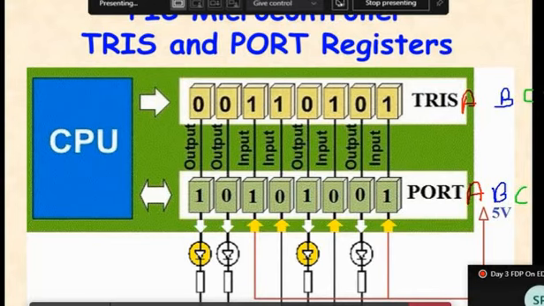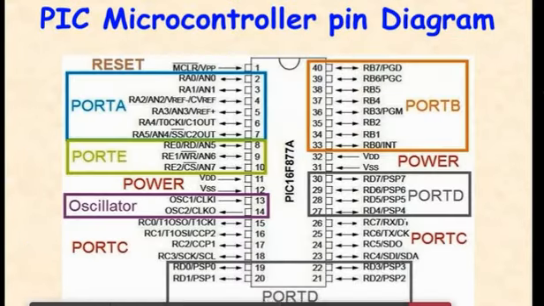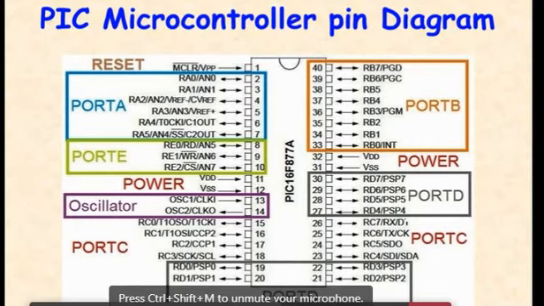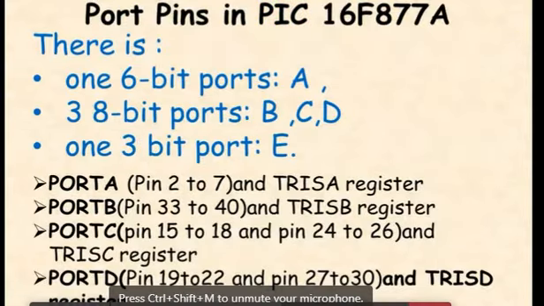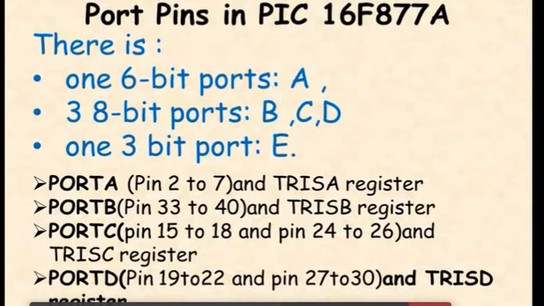Any doubt regarding TRIS and port? You may not know what is inside a PIC controller, just like yesterday we did the practicals on Arduino without knowing what is inside an AVR microcontroller. Similarly, today we are going to take hands-on. The 6-bit port is port A, the 8-bit ports are port B, port C, port D, and the 3-bit port is port E. So in total 33 input outputs are there.